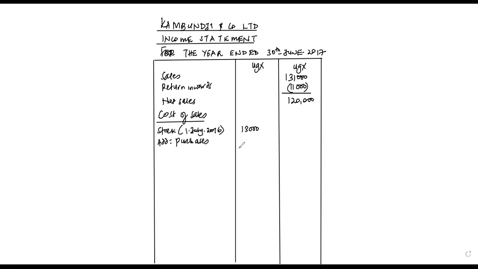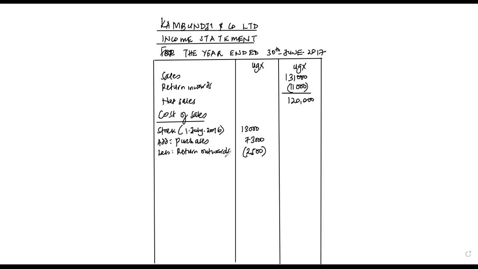In the question you have purchases of 73 thousand. But of course, we returned back some of the goods. So we have return outwards of 2,500.